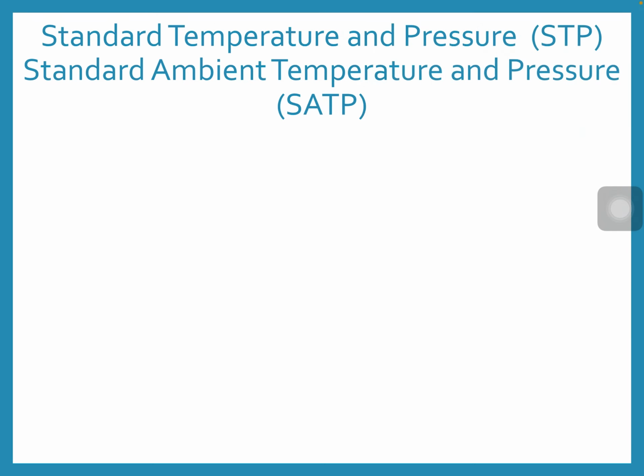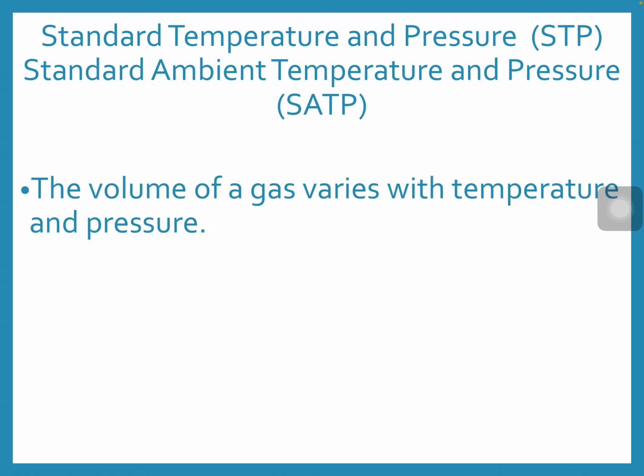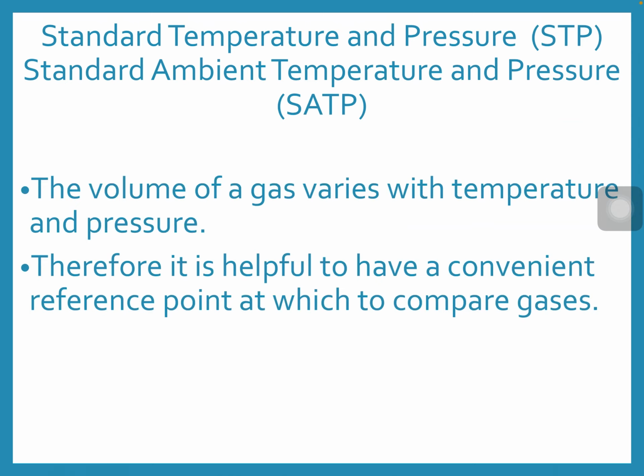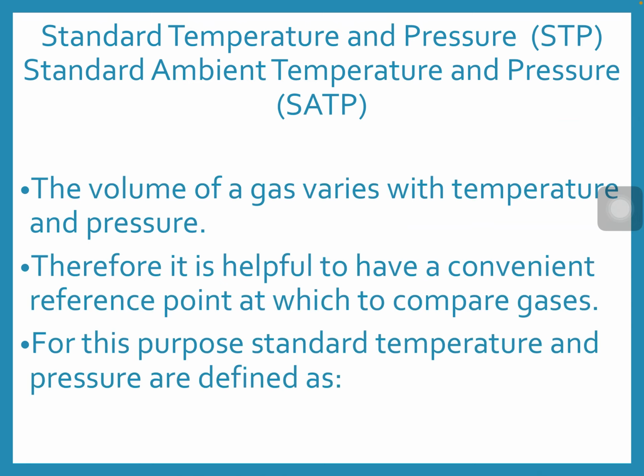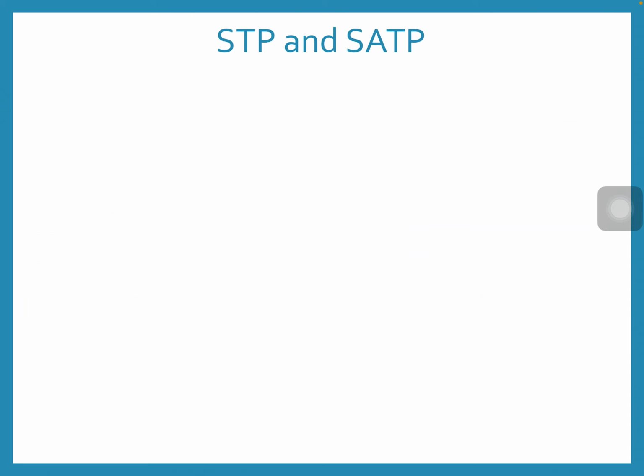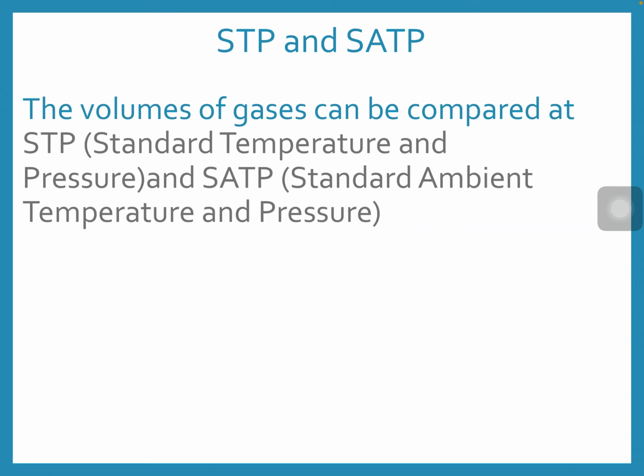Okay, standard temperature and pressure and standard ambient temperature and pressure. Because the volume of a gas varies with temperature and pressure, it can be helpful to have some reference points to compare gases. So the standard temperature and pressure, STP, and SATP, standard ambient temperature and pressure.